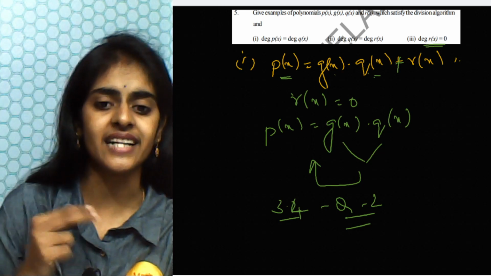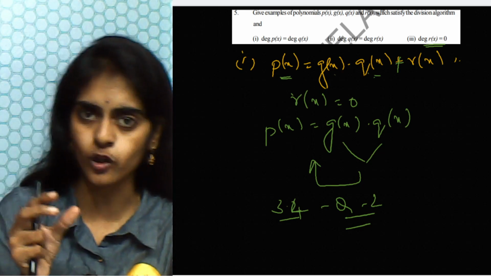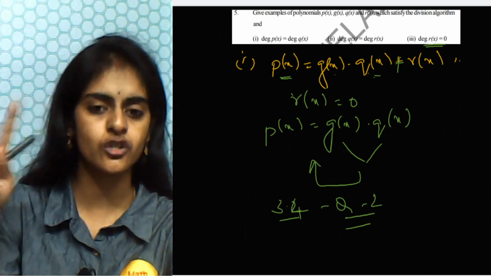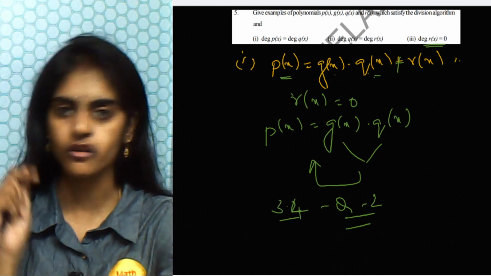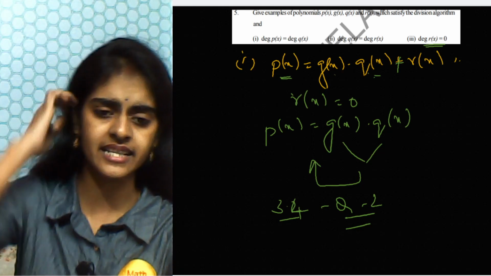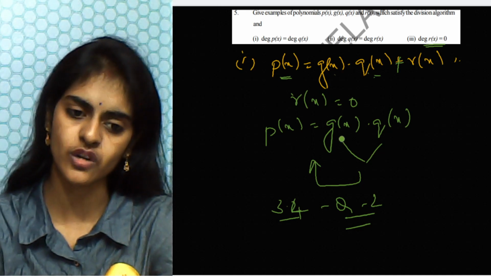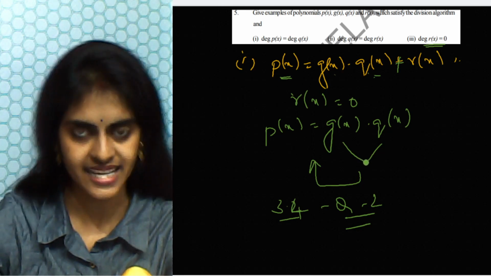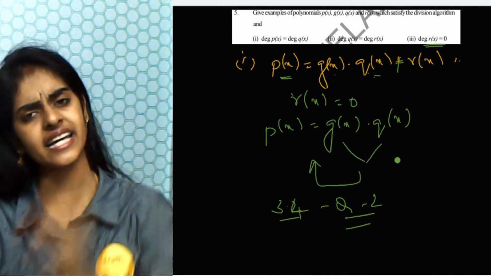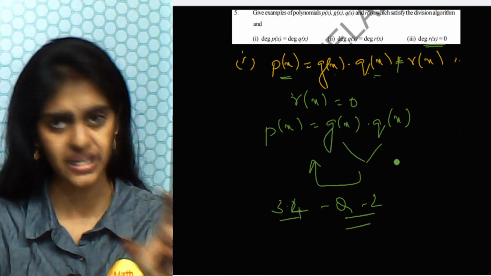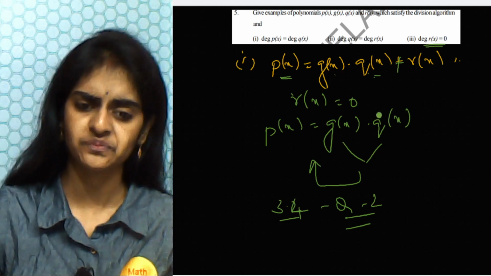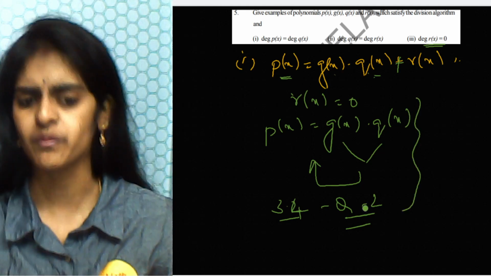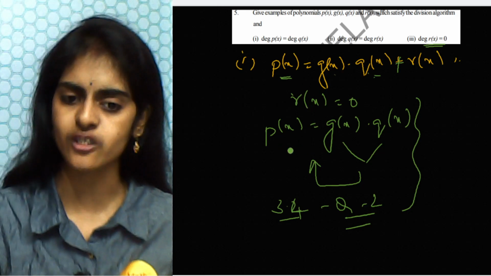For that I told you, if the remainder is 0, then the divisor is a factor of the dividend. So if remainder is 0, that means these two are factors. So you can take any example from that particular bit, the second bit. You don't have to learn by heart, you have to understand this logic.